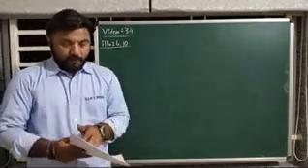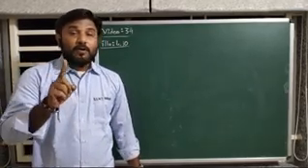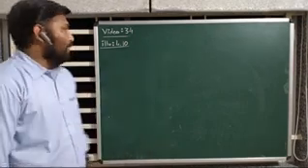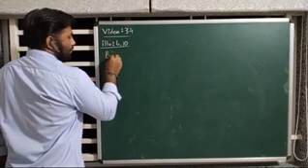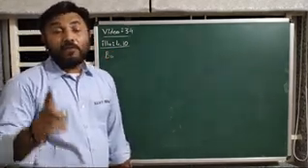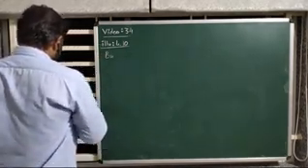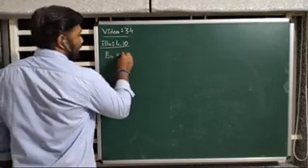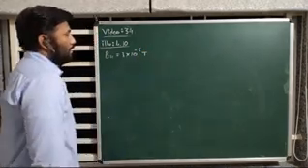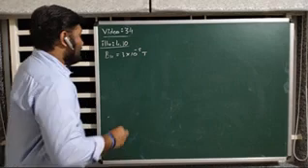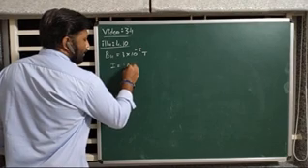The horizontal component of Earth's magnetic field, B H, is given, and it is 3 multiplied by 10 raised to minus 5 Tesla. There is a wire carrying electric current I equal to 1 ampere.